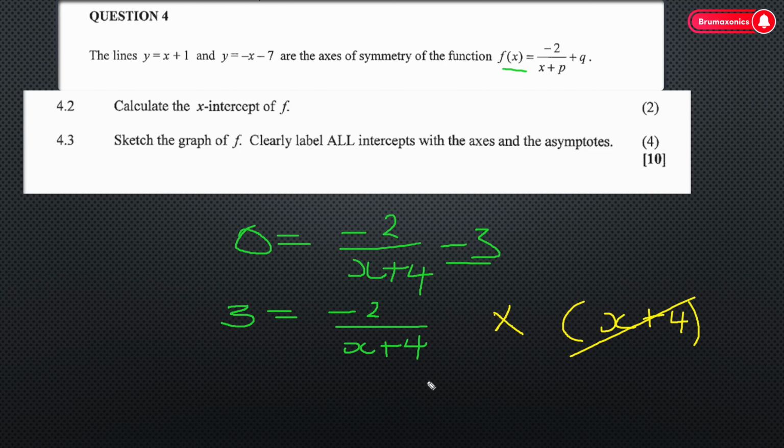And then this will cancel this. And then we're going to have 3 into x plus 4, which is equal to negative 2, right? And then with that, it means that now we can multiply the 3 times x. So that will give us 3x, right?